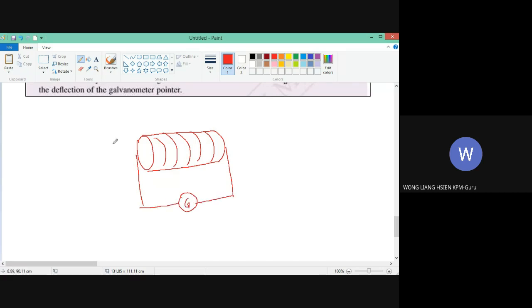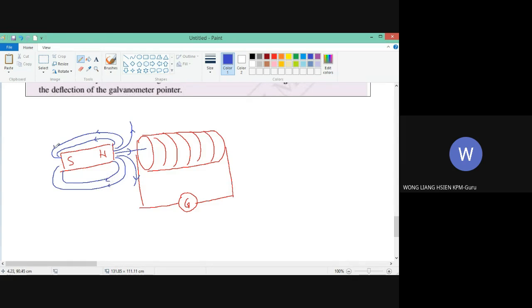So when we take a bar magnet, let's say this is north, this is south, the bar magnet will produce magnetic flux, or magnetic field. Magnetic flux and magnetic field lines are the same thing. Magnetic flux just sounds better.